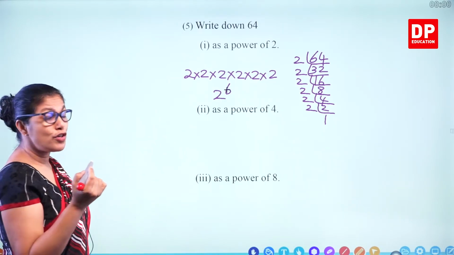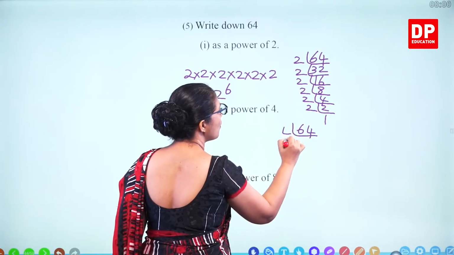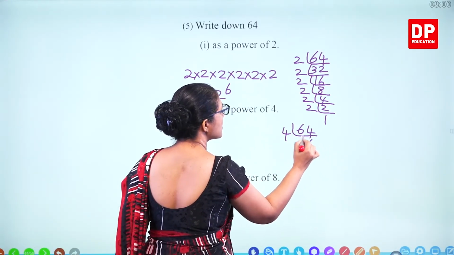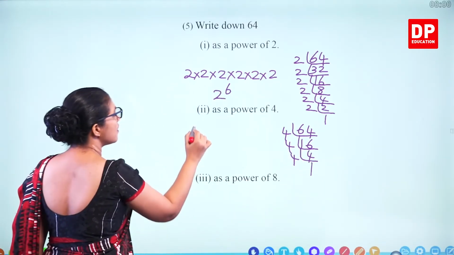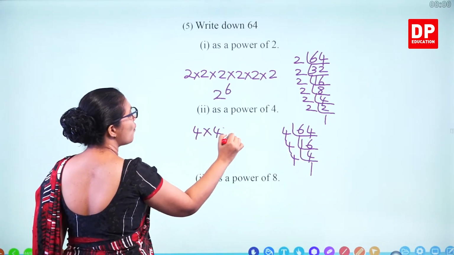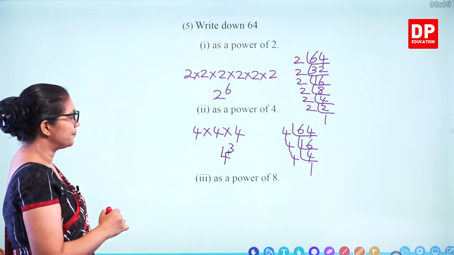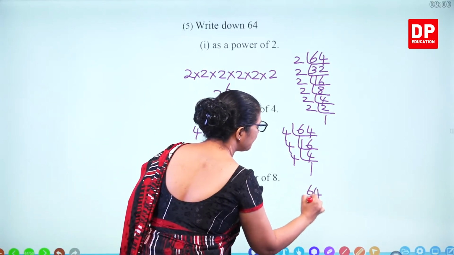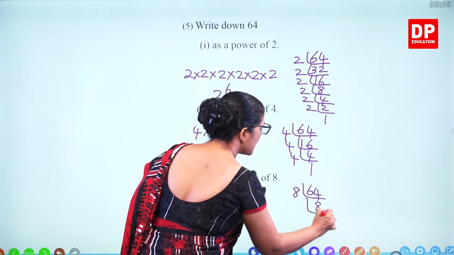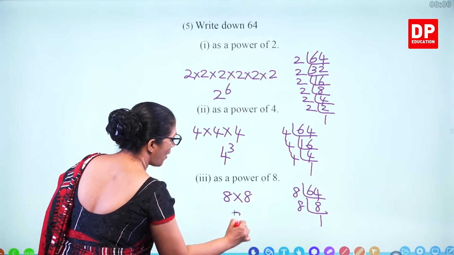As a power of 4, you divide by 4. 64 divide by 4 now. 16 and another 4. You get 1. 4 times 4 times 4. That means 4 to the power of 3. As a power of 8, you divide by 8. 8 times 8. 8 squared.